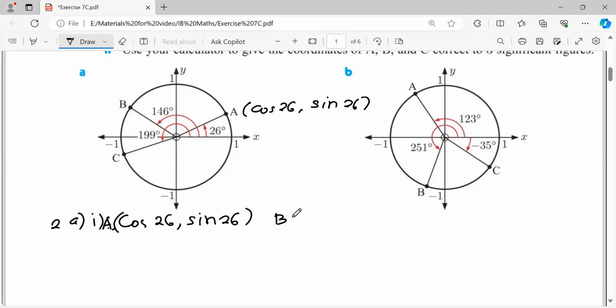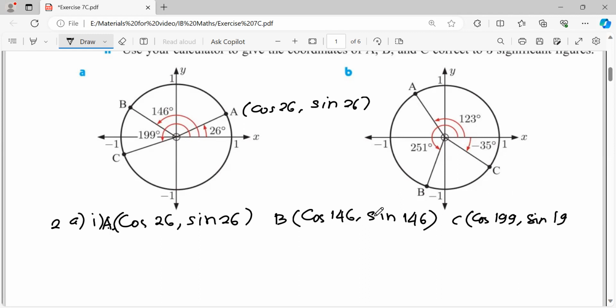Now, coordinate point B: cosine 146, comma, sine 146. And C: cosine 199, comma, sine 199.